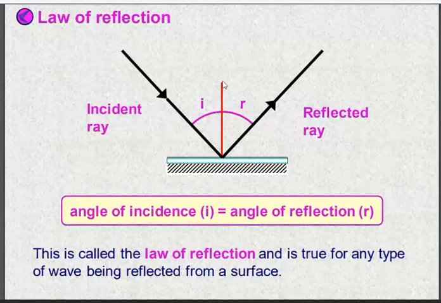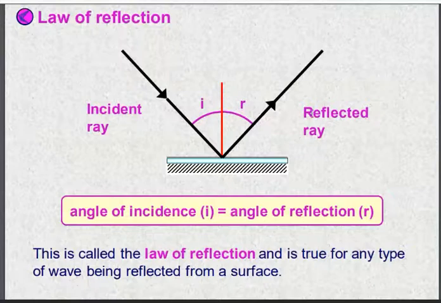So this red line is the normal. This incident ray makes an angle I with respect to this normal. So this I is called the angle of incidence. Similarly, this reflected ray makes an angle of reflection R with respect to the normal.